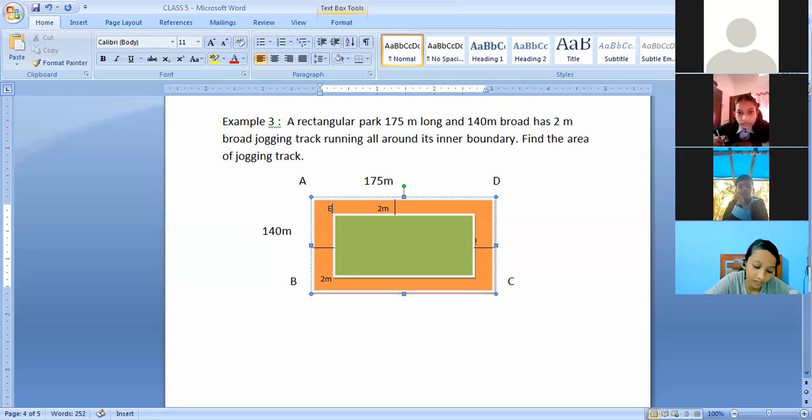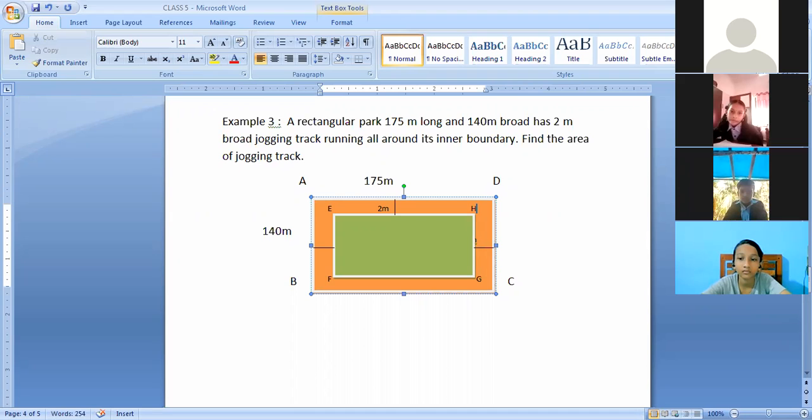E, F, here G, and here H. Now we consider the rectangle ABCD and EFGH.